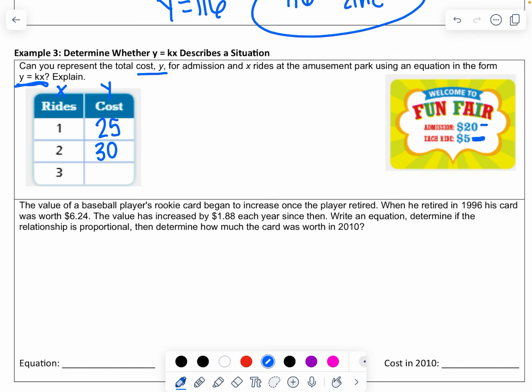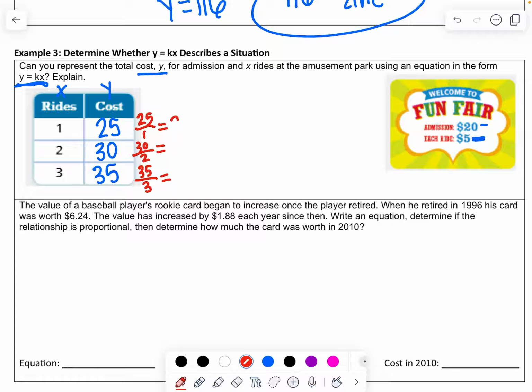So now we need to figure out if our table is proportional. So I would do our y divided by x, so 25 over 1, 30 divided by 2, 35 divided by 3. And I'll put those in my calculator to solve. And they have to equal the same thing for it to be proportional.